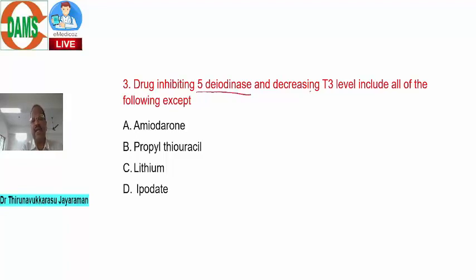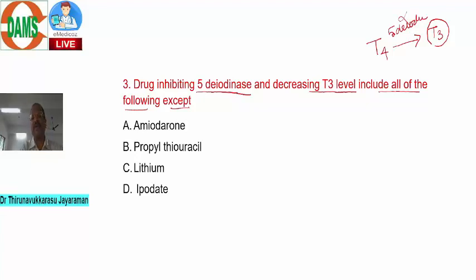Coming to the third question: drugs inhibiting 5-deiodinase and decreasing the T3 level include all of the following except. So, super question. Actually, T4, tetraiodothyronine in the peripheral circulation, is converted into the active hormone called T3, triiodothyronine. This conversion is done with the help of the 5-deiodinase enzyme.